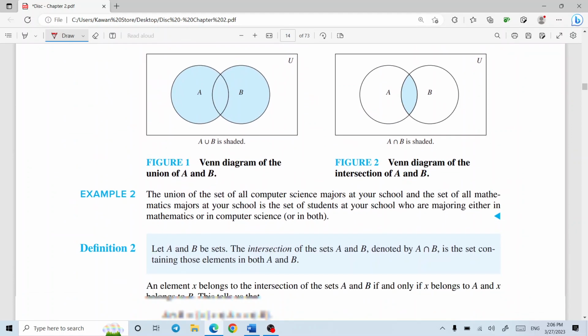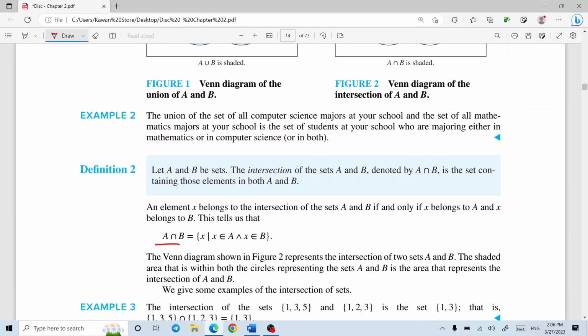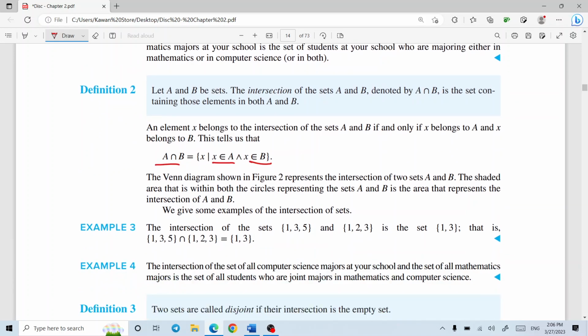And the intersection is the set of the common elements between A and B. Here's another example: when I say intersection, the common elements between them are 1 and 3. Clear?